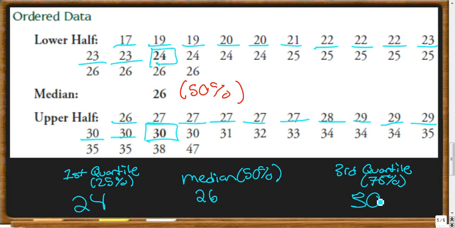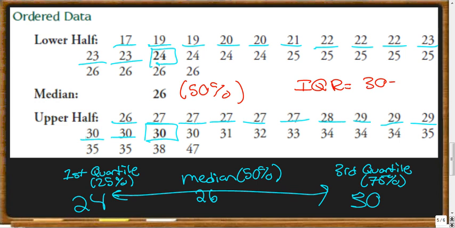One way that we can measure how varied data is is by looking at the difference between our third and first quartile, which gives us our IQR. That's 30 minus 24, which is 6. Obviously we need to know exactly what we're talking about to understand what that 6 really means. But this is a number that we use to describe how data is spread out and varied in a data set.